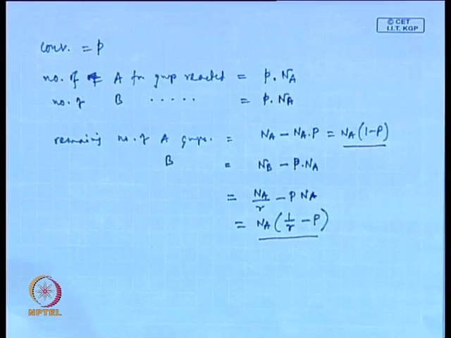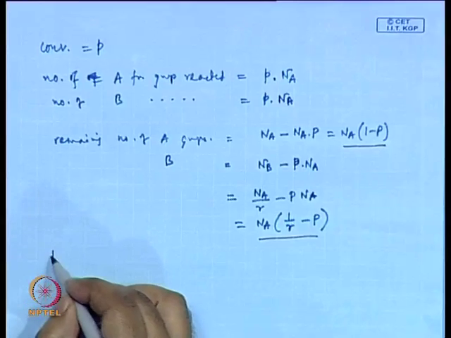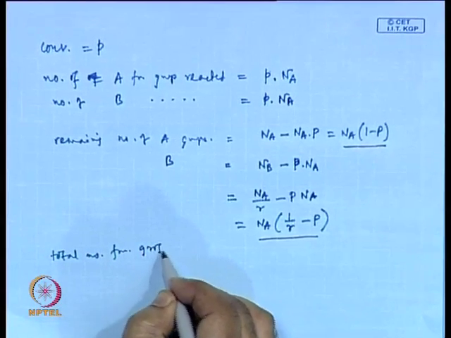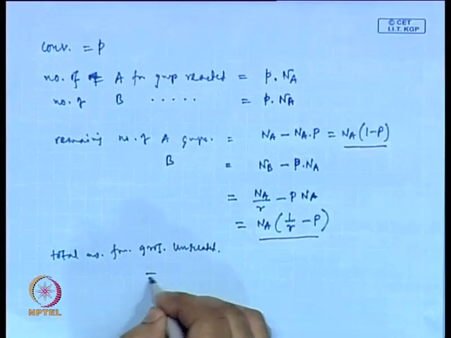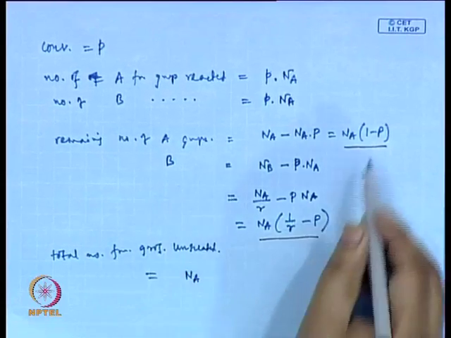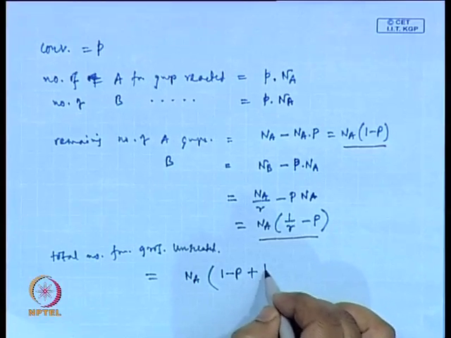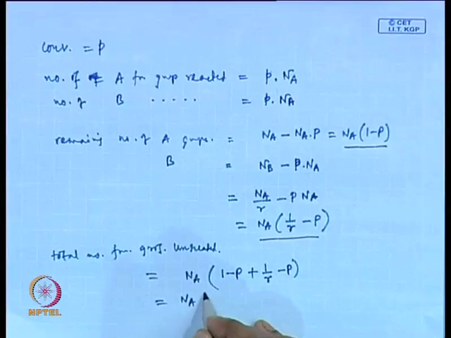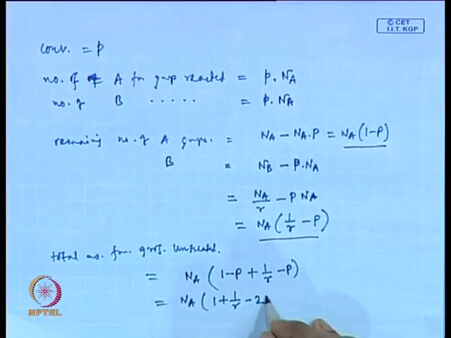The total number of functional groups unreacted is the sum of these two. I can take both together: 1 minus P plus 1 by R minus P gives us Na times 1 plus 1 by R minus 2P.